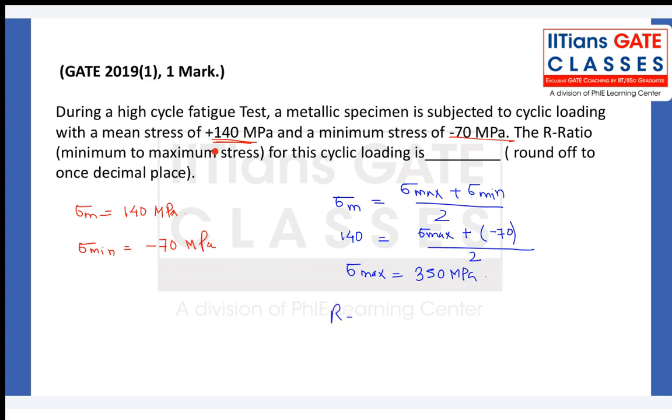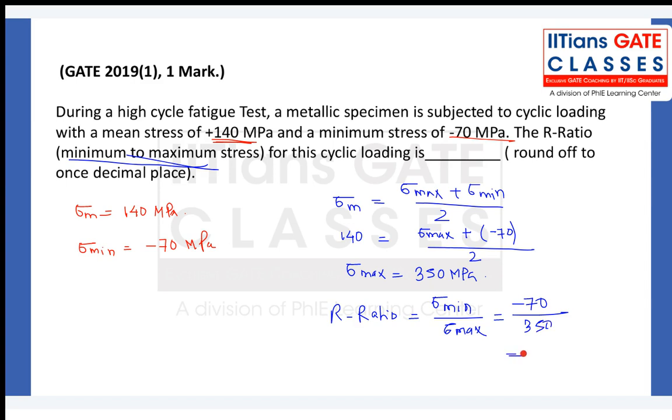So what will be the value of R ratio? See, it is so good. They've already given you the meaning of R ratio, so they're not testing you for your knowledge, they're testing you mostly for your aptitude. R ratio is equal to sigma minimum divided by sigma maximum. Unless it is written somewhere that only magnitude is to be used, you have to use the full sign. So minimum stress is minus 70, maximum stress is 350.